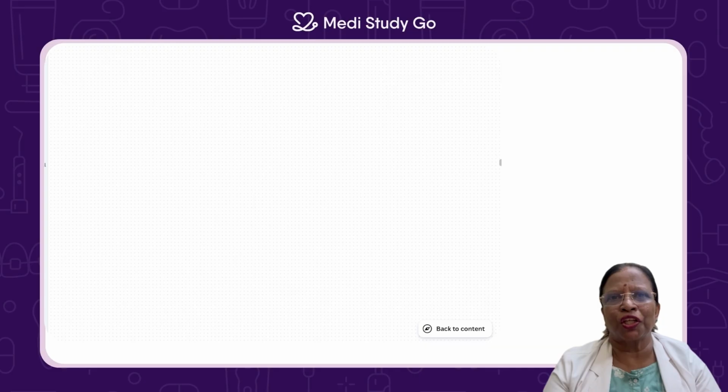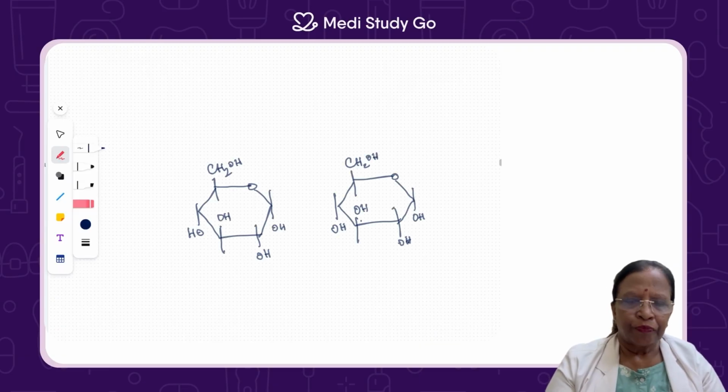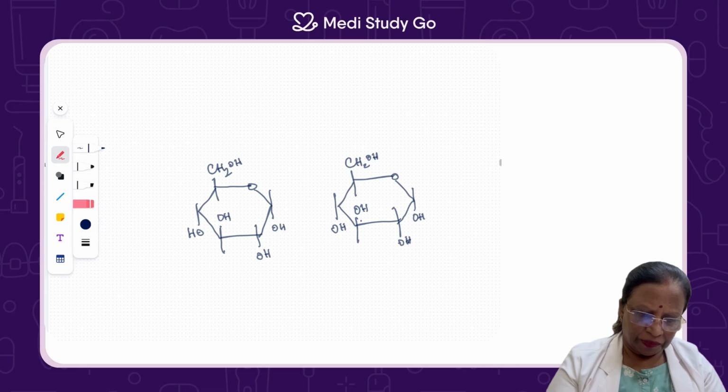As already seen, there are multiple hydroxyl groups on the monosaccharides. So the monosaccharides form a glycosidic bond with another monosaccharide by a simple process of dehydration. So the OH groups on the two monosaccharides will undergo dehydration and the two will be linked by an oxygen. So here we have two glucose molecules.